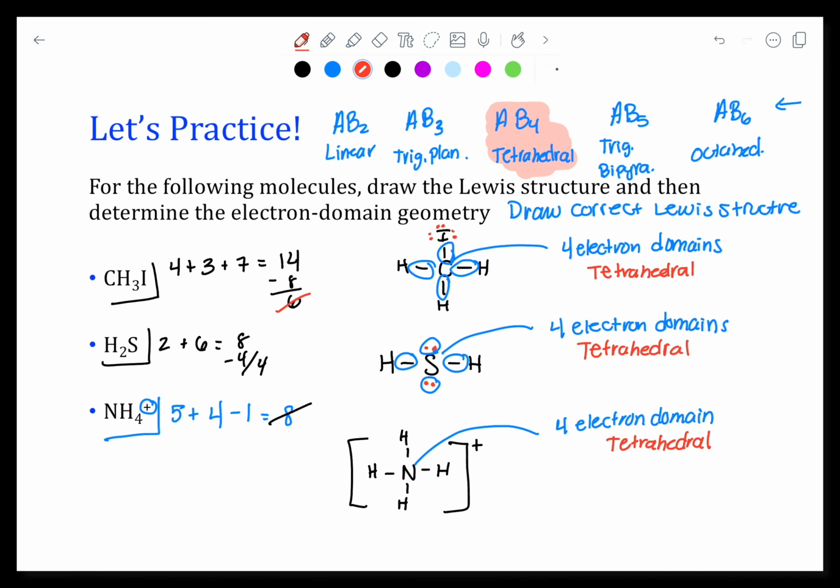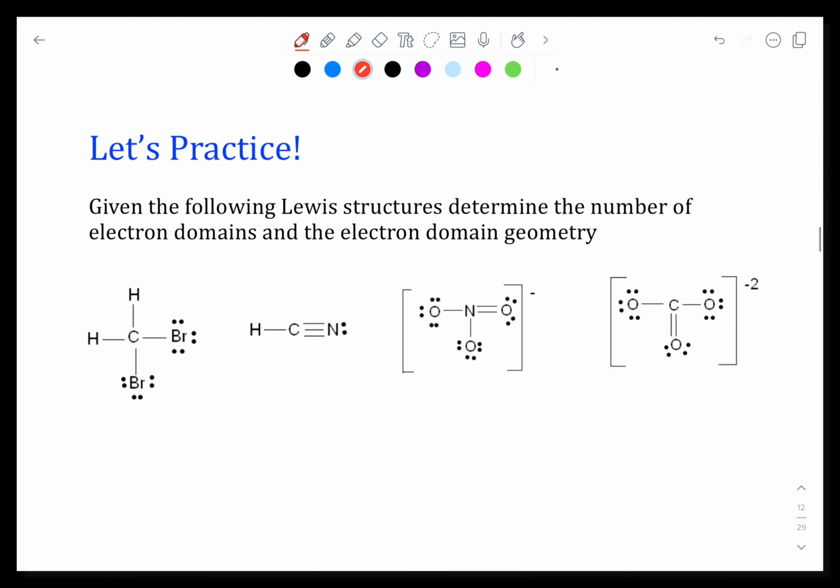Okay, so let's keep practicing. Given the following Lewis structures, determine the number of electron domains and the electron domain geometry. Okay, so here we have carbon as our central atom. How many electron domains does it have? Well, it has a single bond, a single bond, a single bond, and a single bond.